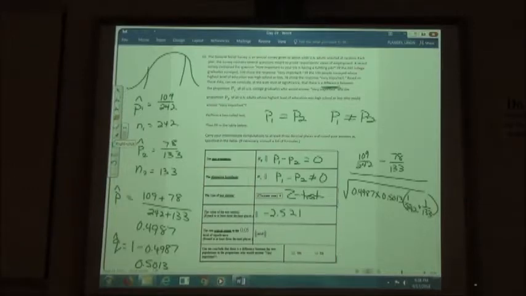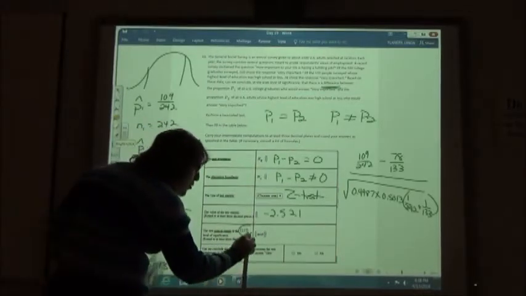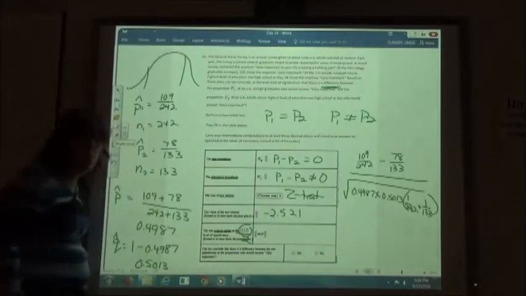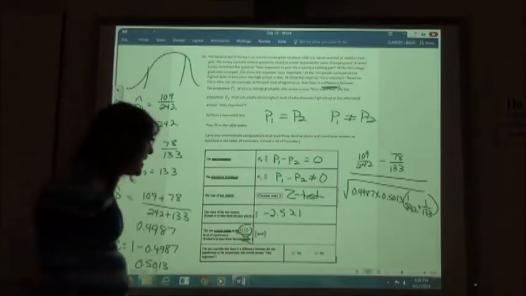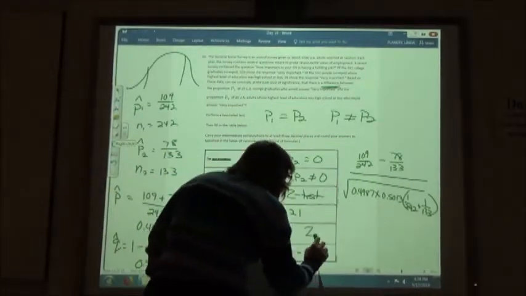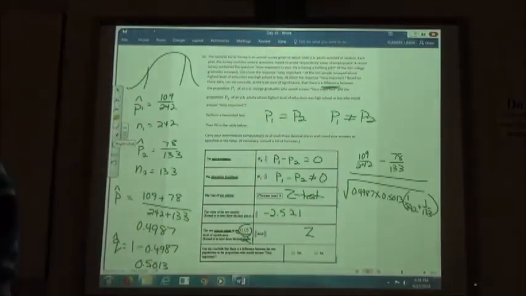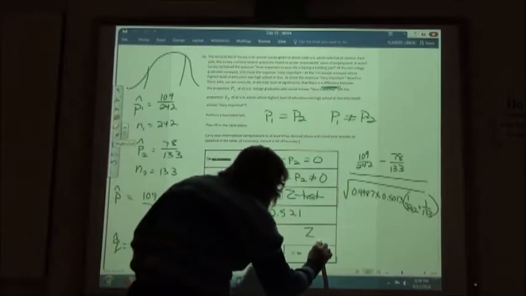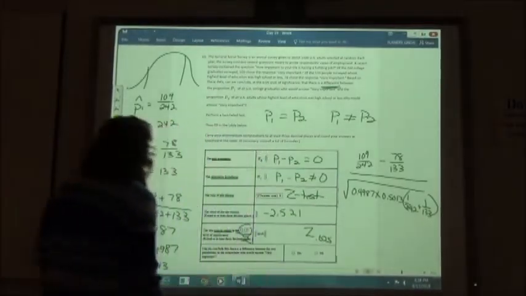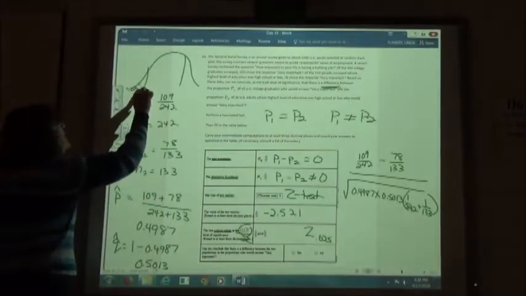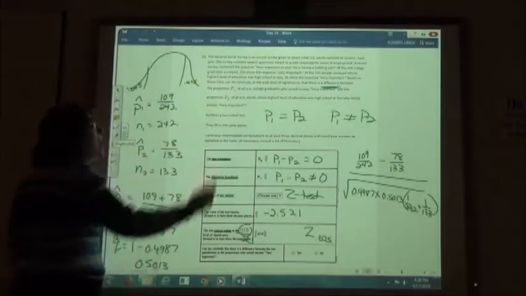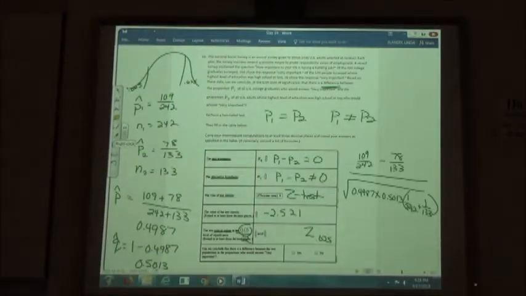We are going to do the critical value. Again, we're doing a two-tailed test. So on this critical value, we're going to divide by 2 since we have that two-tailed test. So we're going to use Z sub what number? 0.025. We have 0.025 on this end, 0.025 on that end as far as our percentages.